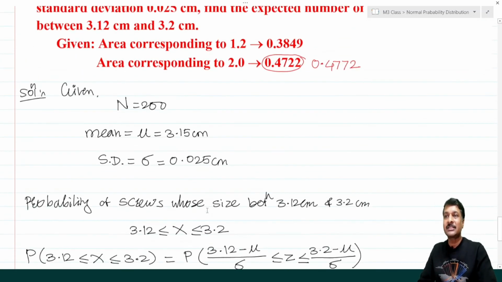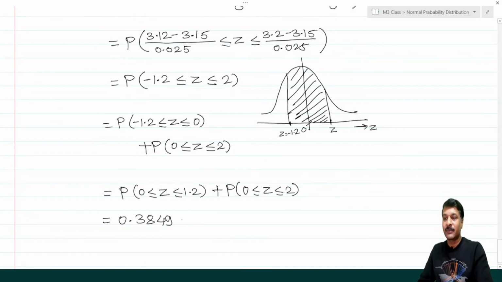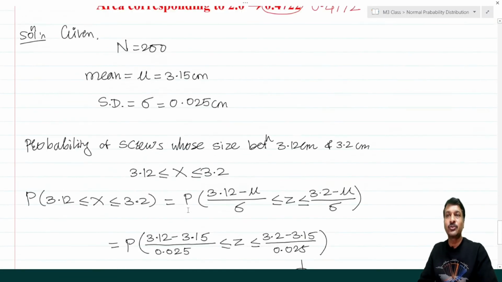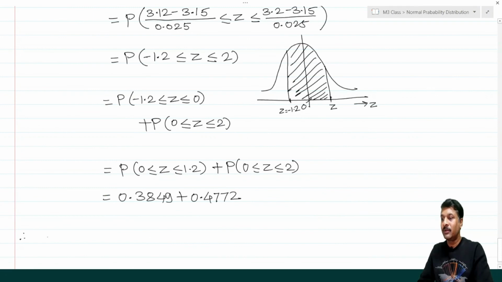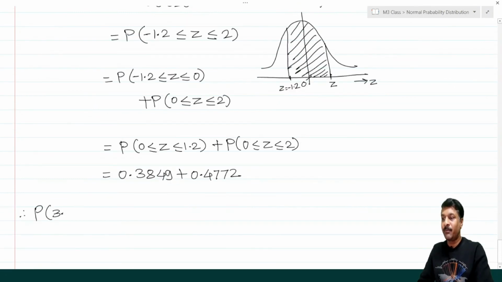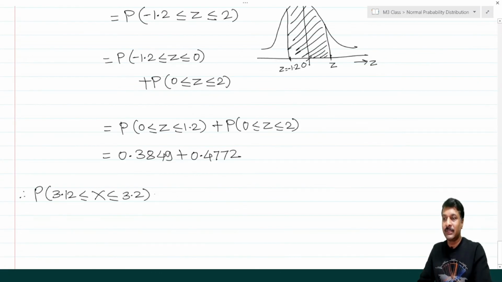Area corresponding to 1.2, it means 0 to 1.2, it is 0.3849, and z equal to 2 it is 0.4772, and therefore the probability of 3.12 less than or equal to x less than or equal to 3.2, left hand side, and the right hand side is addition. I am getting 0.8621.